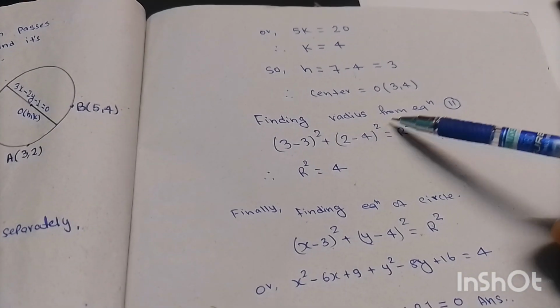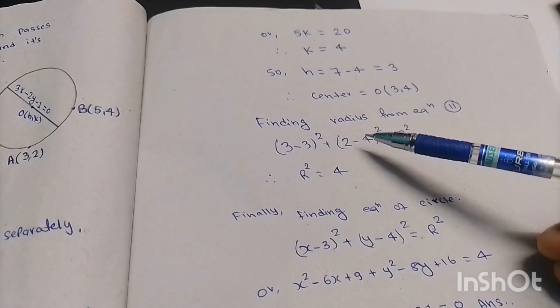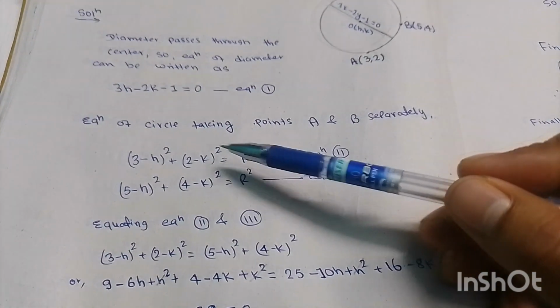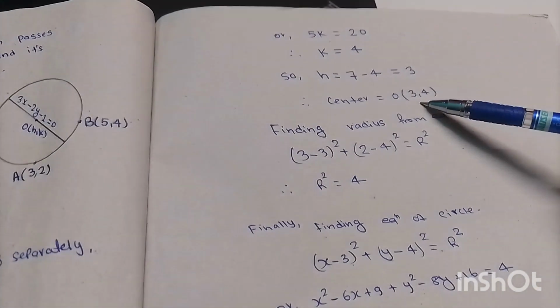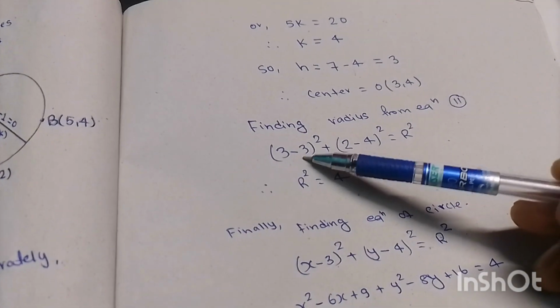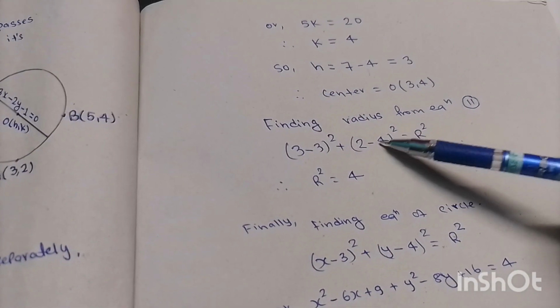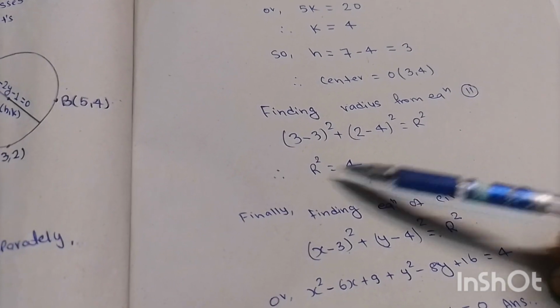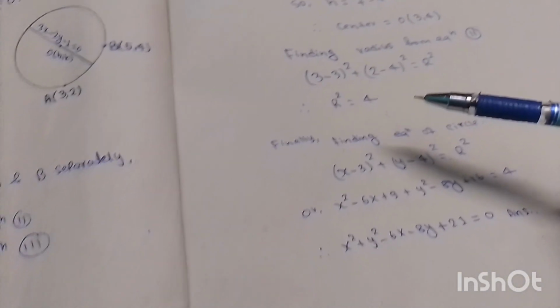I just kept the values of h and k in equation 2: 3 minus h and 2 minus k. In place of h and k, I kept the values which we have just found. So 3 minus 3 is 0, 0 square is 0, and 2 minus 4 is minus 2, and minus 2 square is 4. So r square can be written as 4.